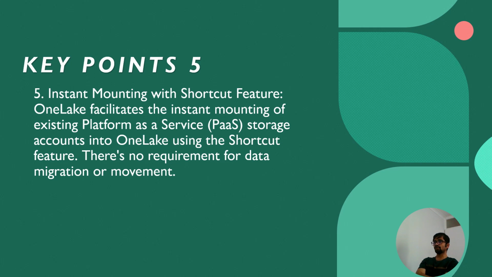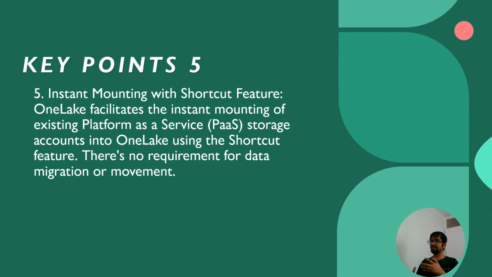Then this one is also a great thing that we have in Fabric, that is creating shortcuts. Shortcuts allow us to create references to different locations or data stores outside OneLake, or even a different OneLake, and create a sort of shortcut within our OneLake or workspace pointing to a different location. It could be a blob storage, a separate data lake Gen 2 in an Azure resource, or another workspace.